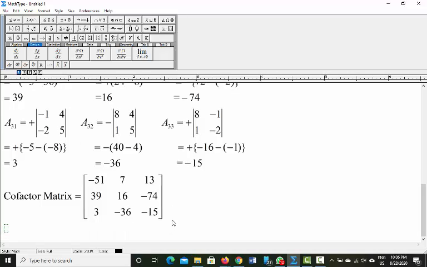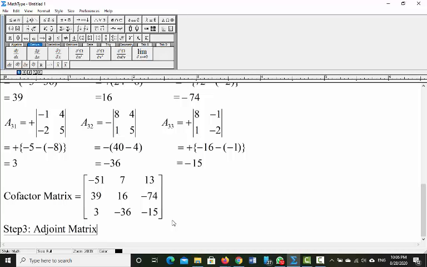Now in the step 3 we need to find the adjoint matrix.